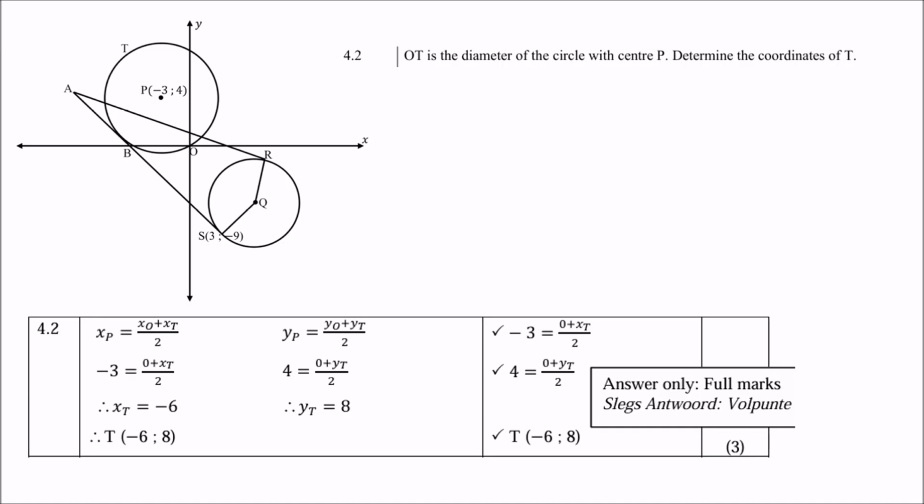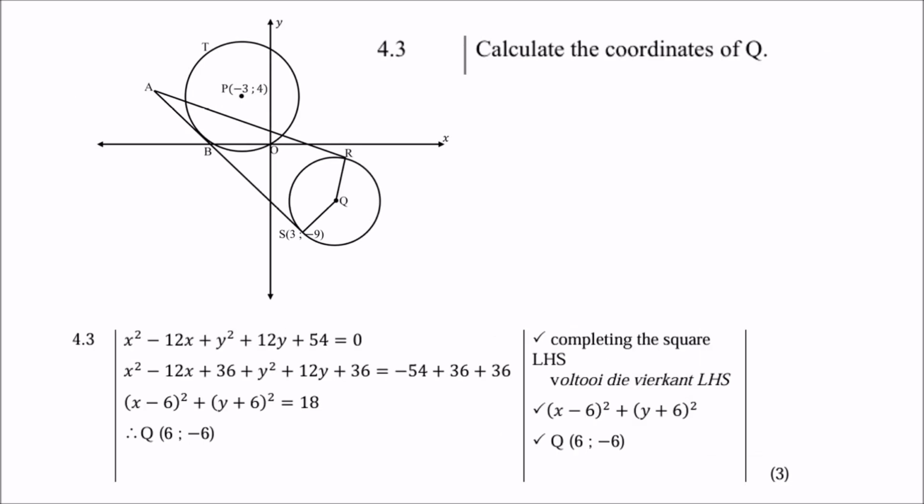In 4.3, calculate the coordinates of Q. Unfortunately, the equation of that circle with center Q was given to us in a different form, so we have to rewrite it, and that will entail completing the square. If you take x squared minus 12x first and complete the square, remember the formula (b over 2) all squared, you'll get 36.